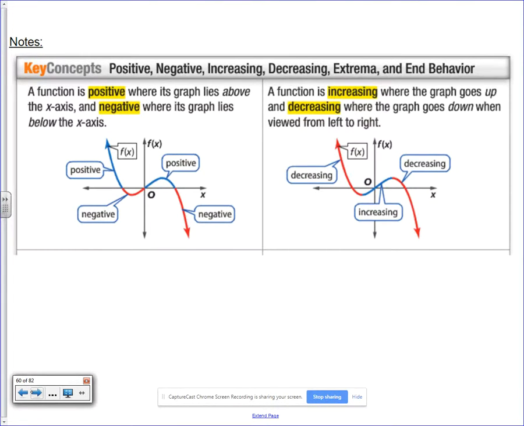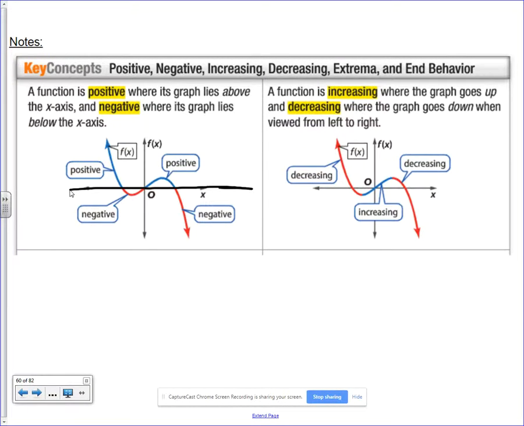Can everybody read the left-hand box to themselves, please? What 2 things are we talking about in the left-hand box? Positive and negative. Folks, if you're positive, are you above 0 or below 0? Above. So here's what I want you to do.